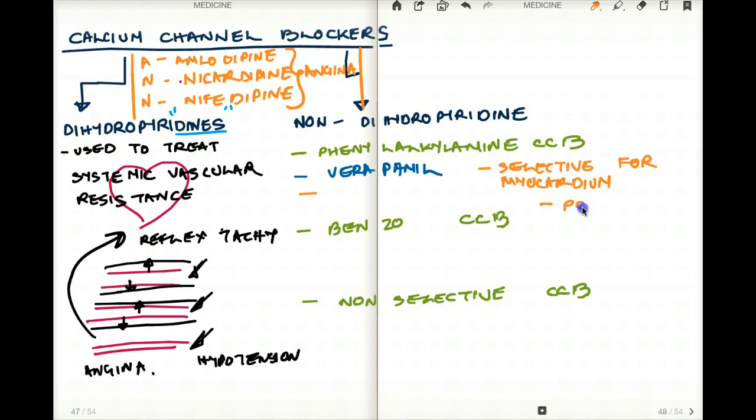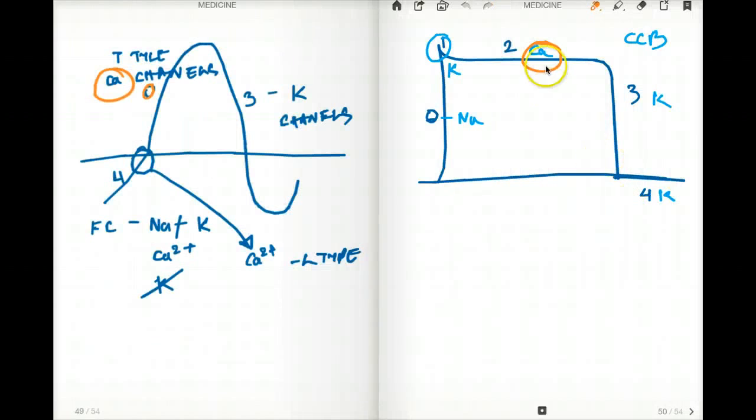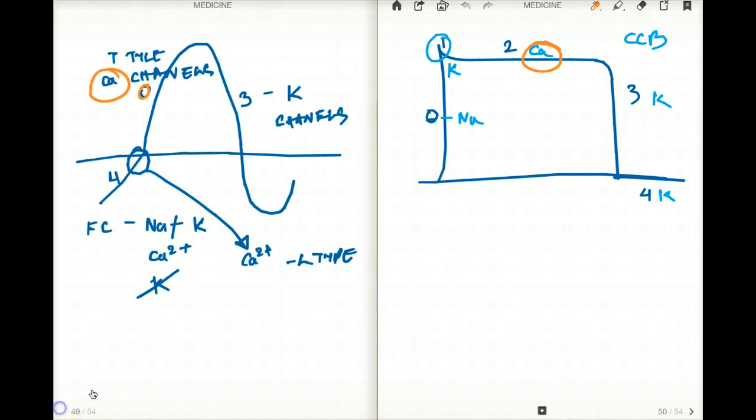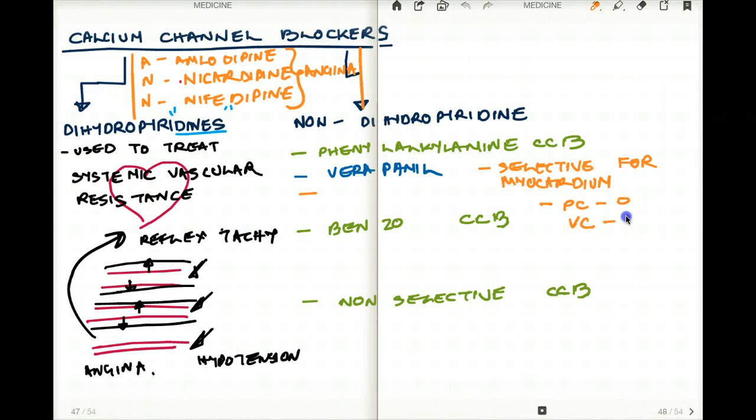On pacemaker cells, it's going to act on phase 0. On ventricular cells, it's going to act on phase 2, because that's where the calcium channel is. So these are selective for myocardium.